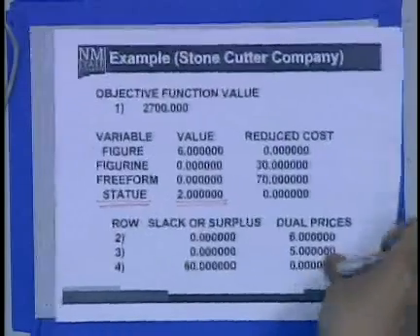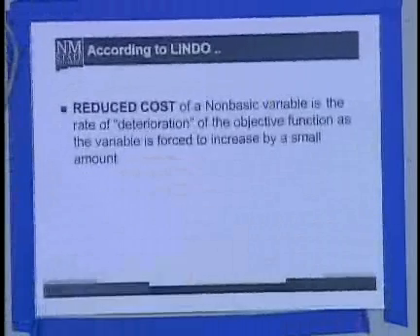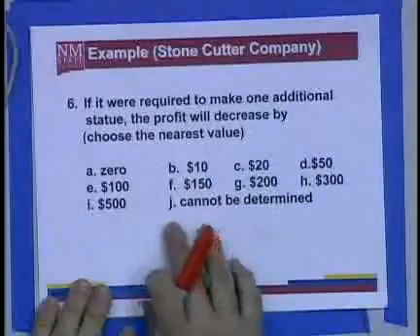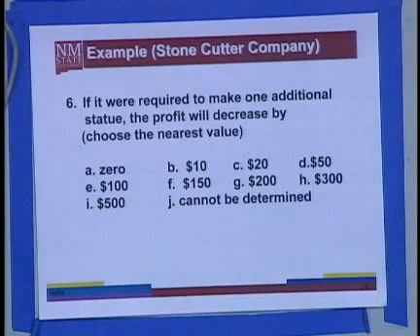And according to the definition of reduced cost, because, like I said, reduced cost is defined only for the non-basic variable, we cannot say anything. Okay? So, what is the answer? The answer is J. Cannot be determined. Okay?